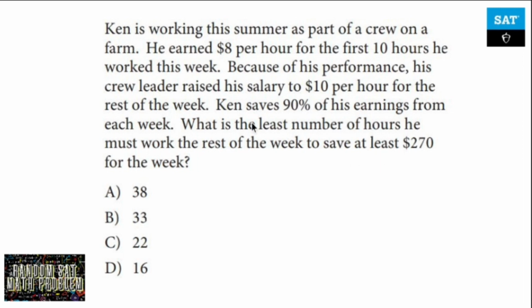So he saves 90% of his earnings. Let's find out how much he has to make total if he saves 90% of it. So 90% of his total earnings, T, is going to be 270. 90% as a decimal is 0.9. So 0.9 T equals 270. Divide both sides by 0.9.